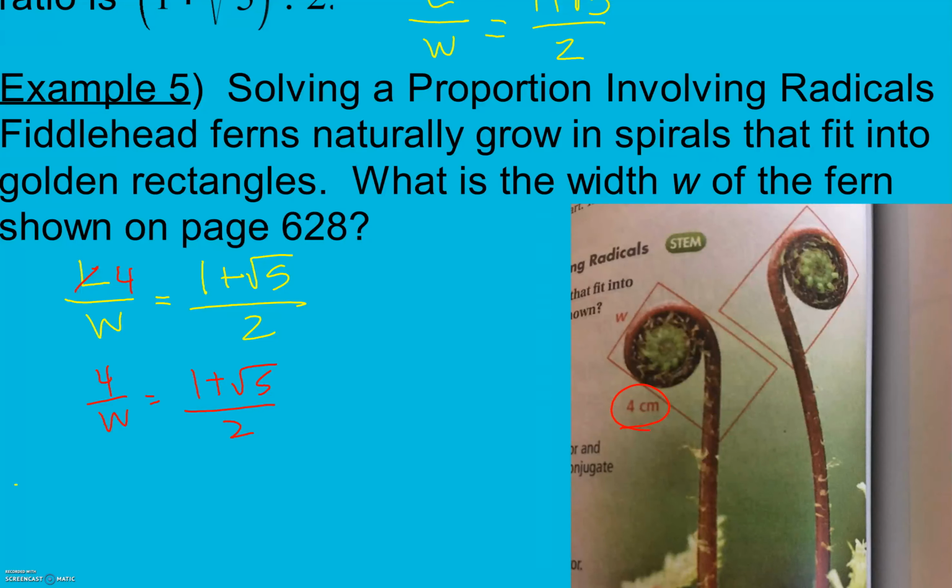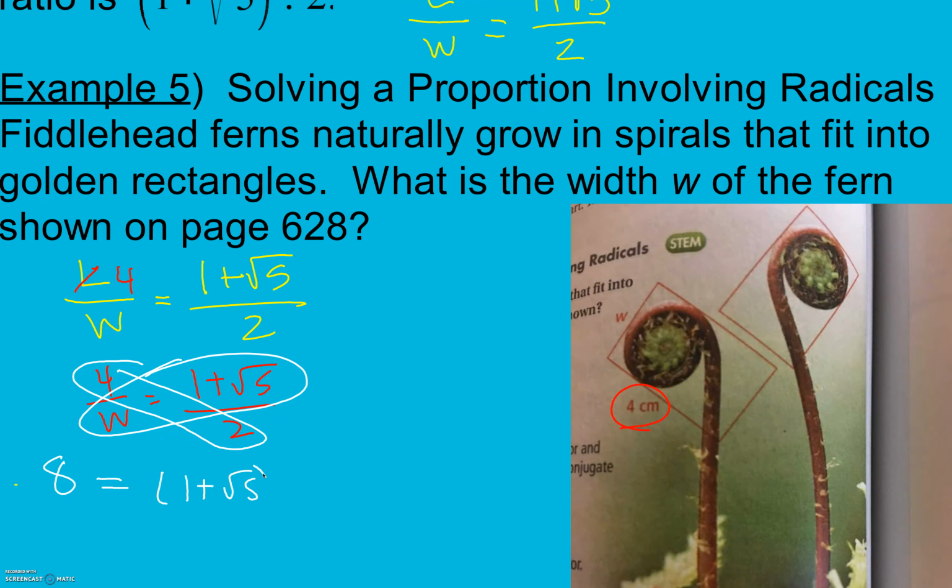Now, in a proportion, we can cross multiply. So 4 times 2 is 8, and set them equal to each other. And here I have 1 plus the square root of 5 times w.